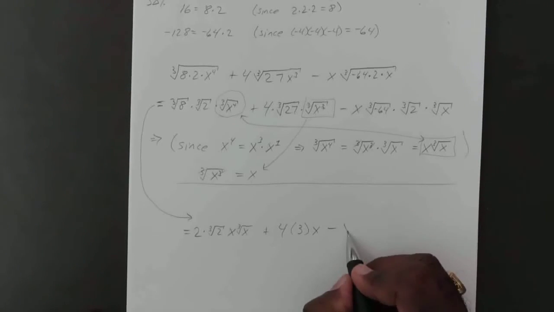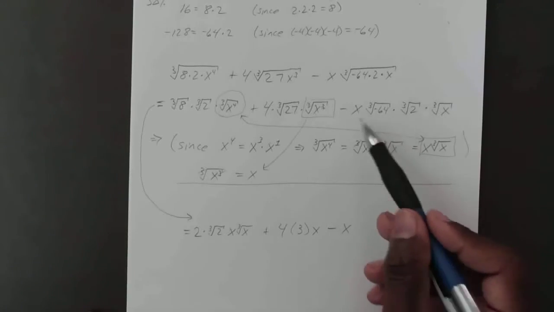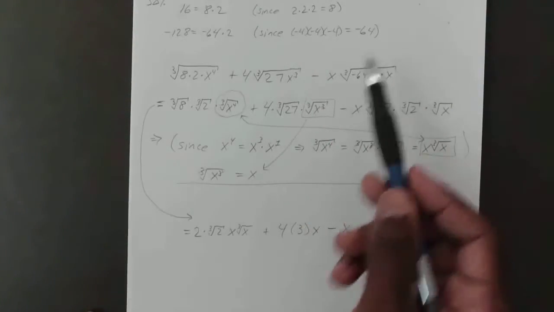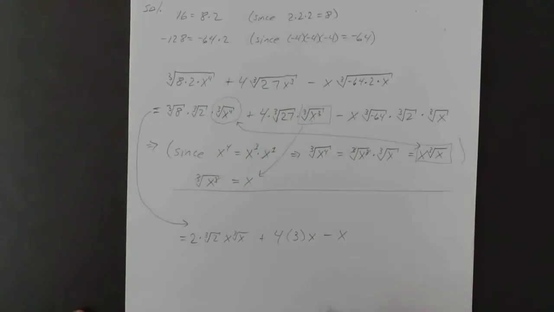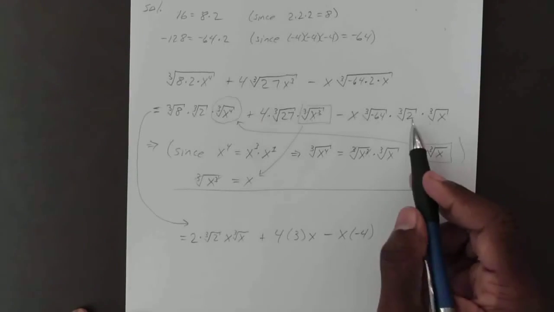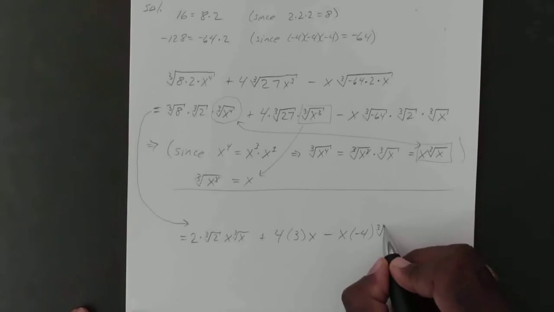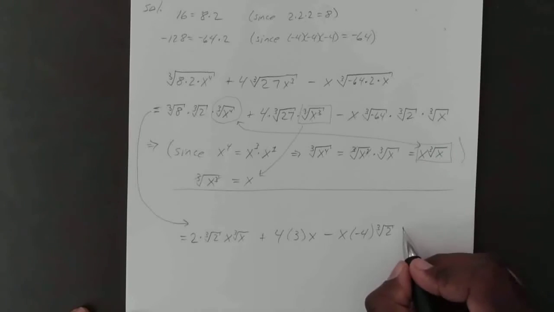Minus x times the cube root of negative 64, which we know negative 4 times negative 4 times negative 4 is negative 64. So that becomes negative 4. Again, times the cube root of 2. Can't reduce that one, so it stays the same. Times the cube root of x.